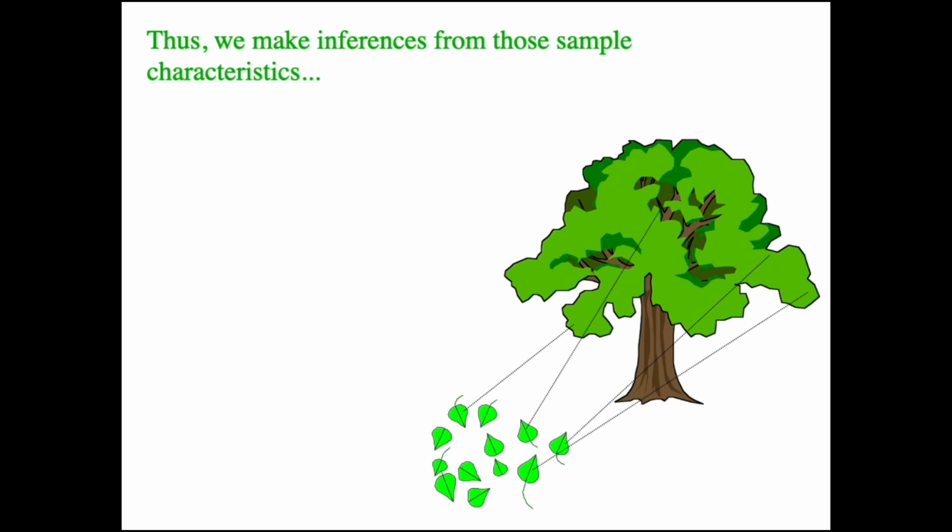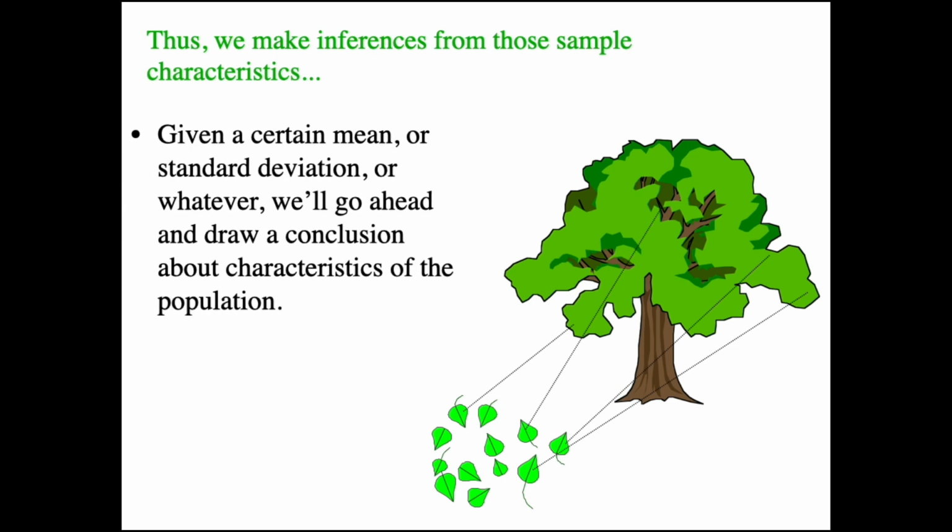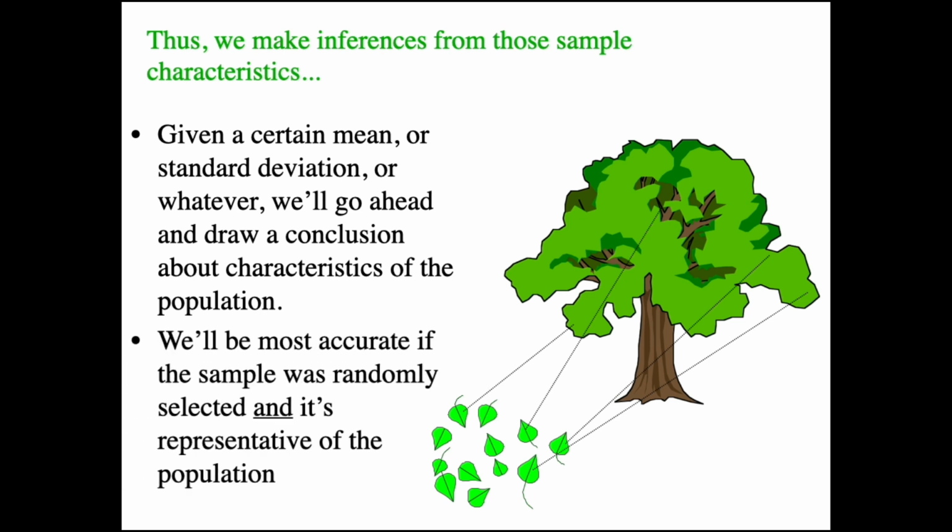So that means that given a certain mean or a standard deviation or whatever, we'll go ahead and draw a conclusion about characteristics of the population. It will be most accurate, however, if the sample was randomly selected and it's representative of the population.